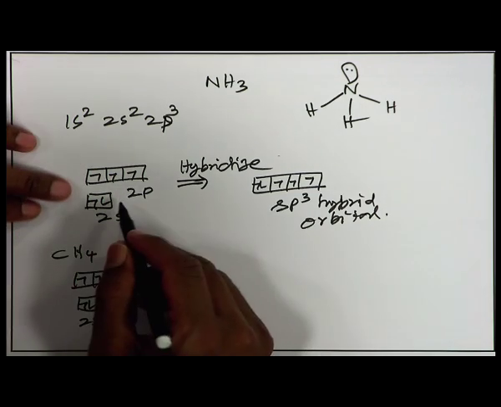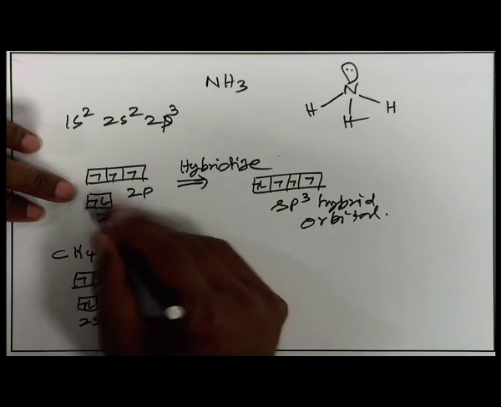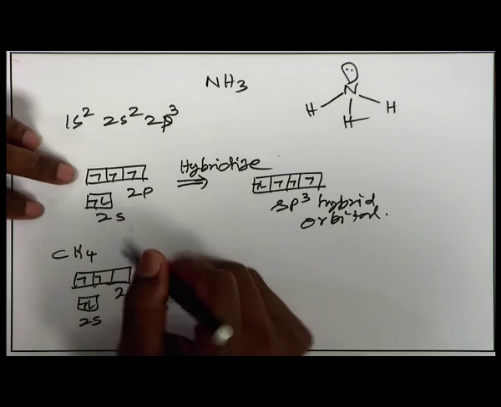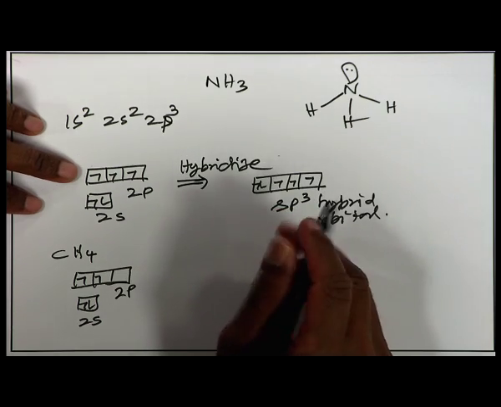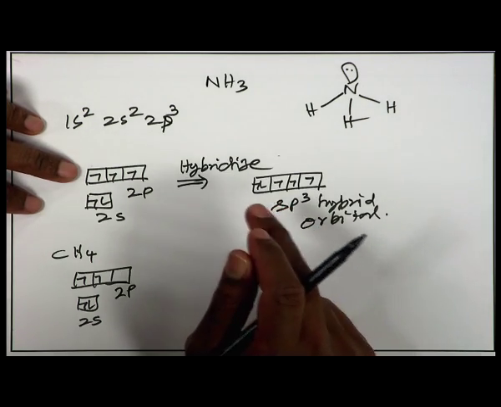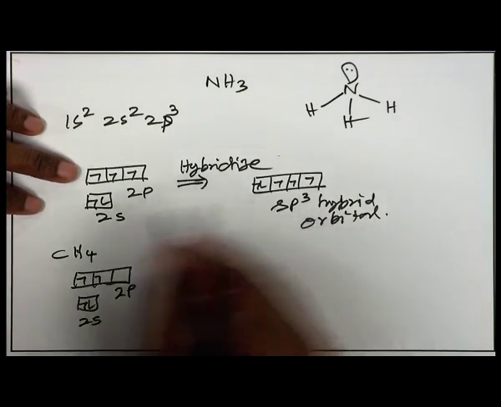On the other hand, here the hybridization occurs between the 2s orbital, which is completely filled, and the 2p orbitals, which are singly occupied. So, it is not necessary for hybridization that all the orbitals should be singly occupied. Hybridization can take place between orbitals of this type.